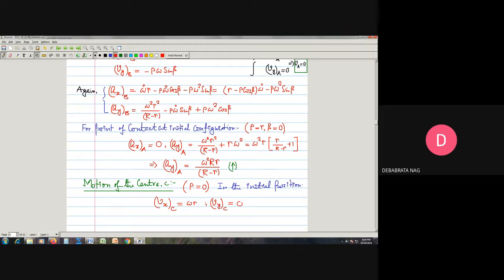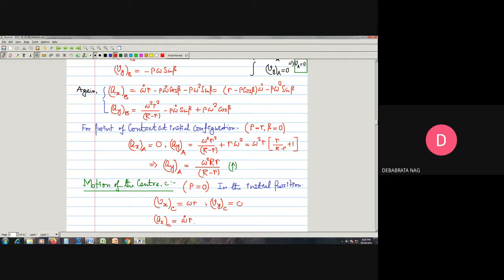And what about your acceleration? Again, if you come and put your expressions for acceleration in this expression, you see that your axc turns out to be, because you are dealing with rho equal to 0, the cos beta term doesn't matter, so it will not be there. So axc will be equal to omega dot r, and this term will not survive because you have put rho equal to 0.